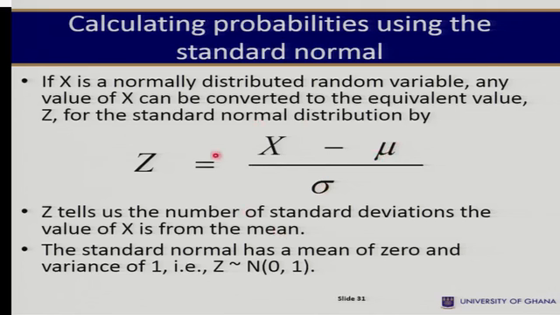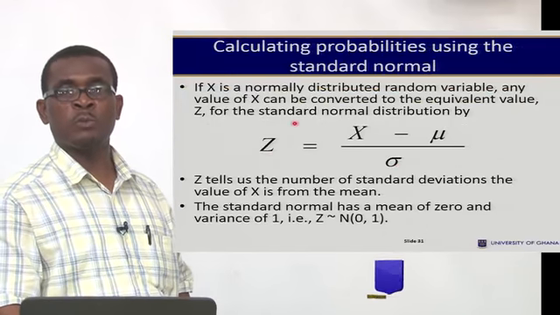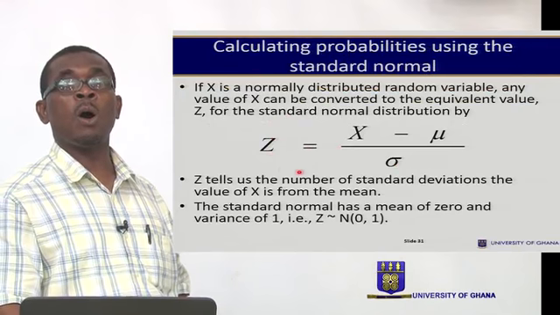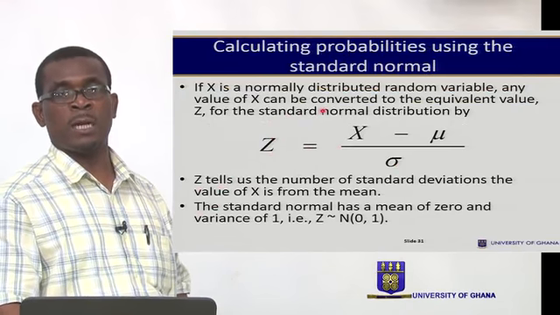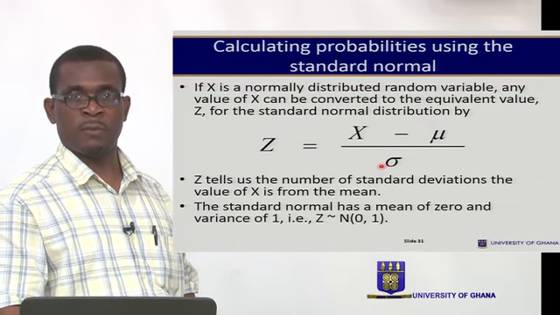Now, this result gives us a variable called z, and we call this the standard normal variable. And we are saying that this standard normal variable will conform to any distribution irrespective of the value of mu and sigma. So it means that this standard normal distribution can represent all normally distributed variables irrespective of the value of their mean and standard deviation.